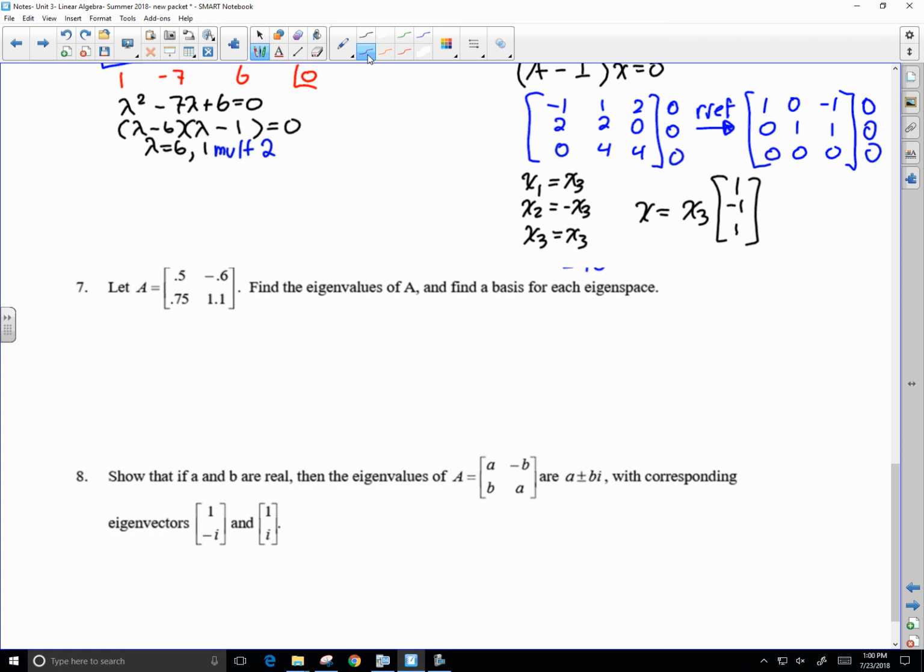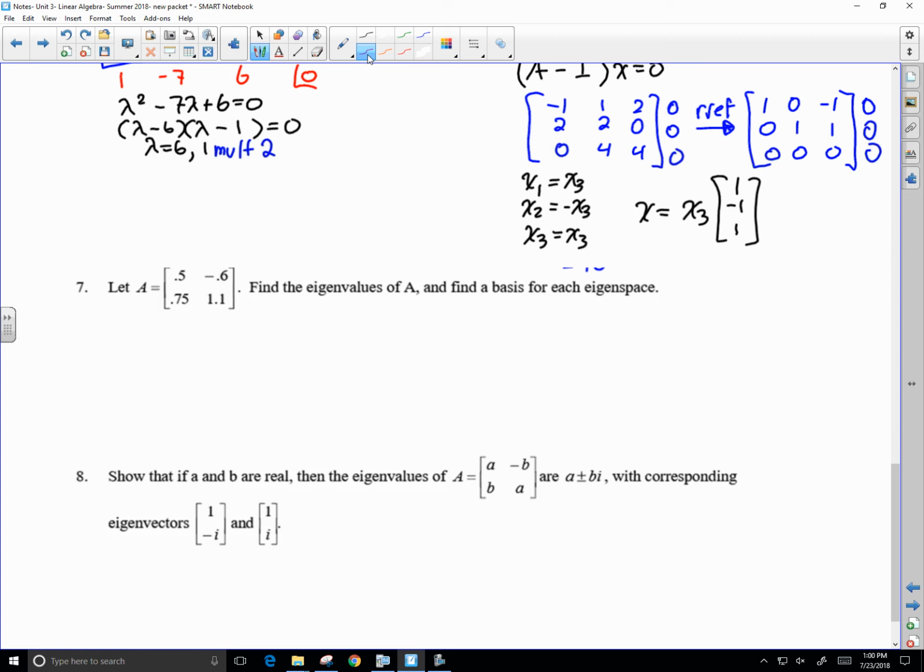All right. 7. This is where we kind of deviate a little bit, because if you look at number 8, it's kind of like a precursor, really more of a general variation on number 7. Then you can kind of see where it's going.